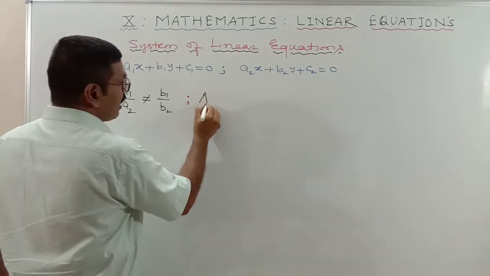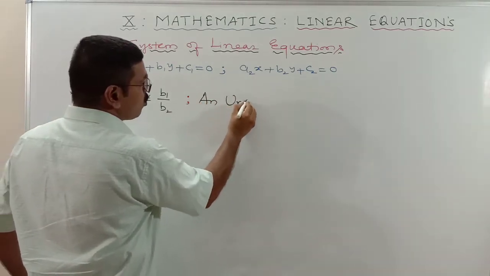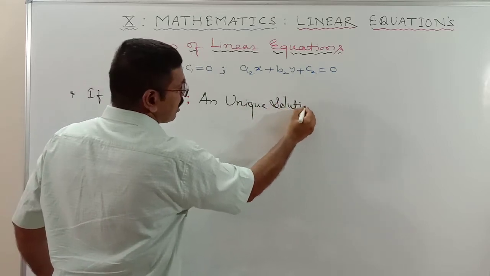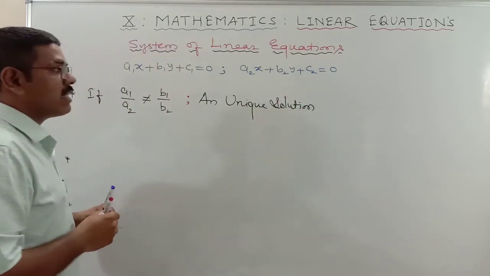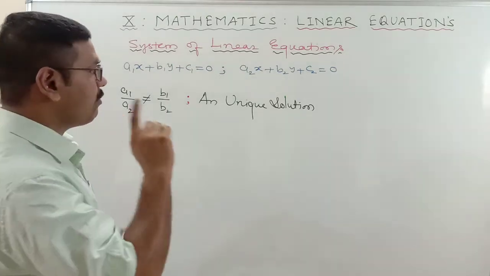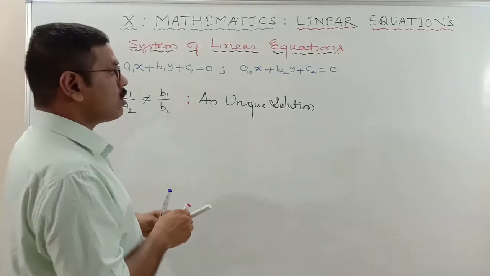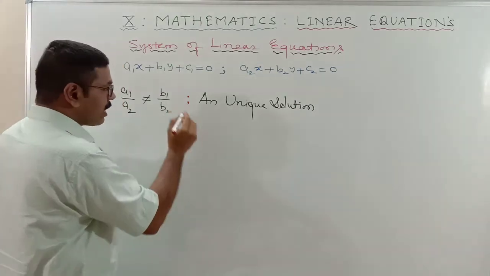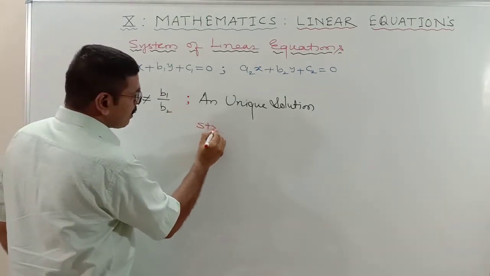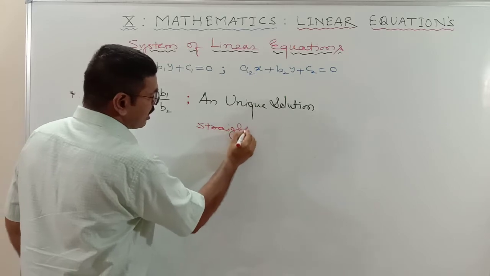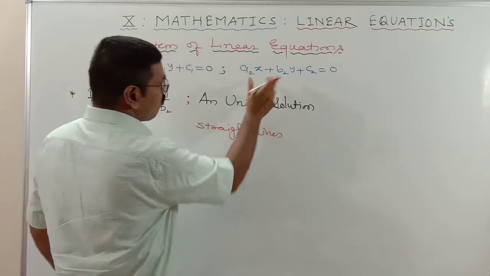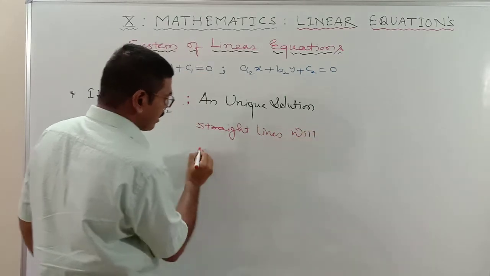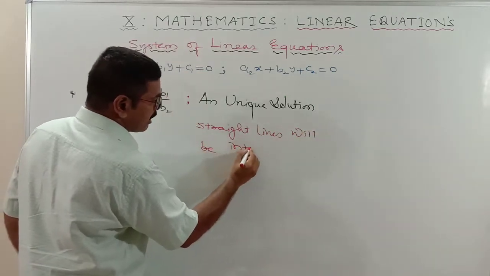Okay, a unique solution. Unique solution in the sense there will be a value of x, a value of y. Okay, that will be the unique solution. If we are talking about the straight lines formed by these equations, they will be intersecting.